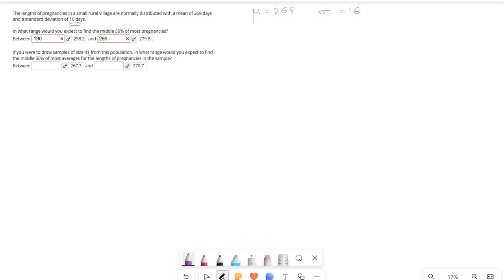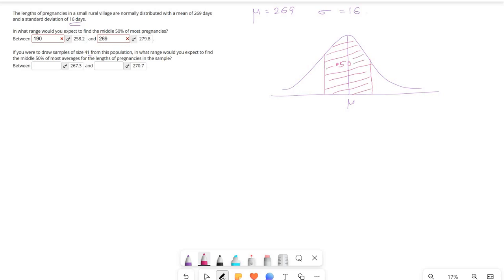It follows the normal distribution, so let us draw a normal distribution curve. This is the main value, that is mu. Now we are going to plot the middle 50%. Suppose this is the middle 50%, so altogether the area is 0.50.